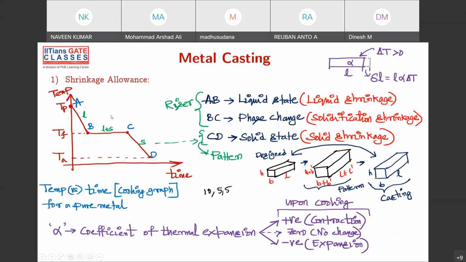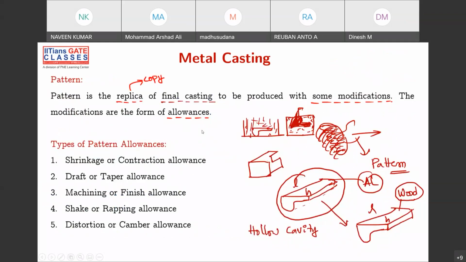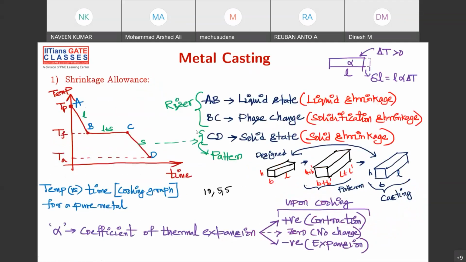If you are pouring some liquid metal into a hollow cavity, this is called the pouring temperature. Let's say you are pouring at 1700 degrees centigrade.